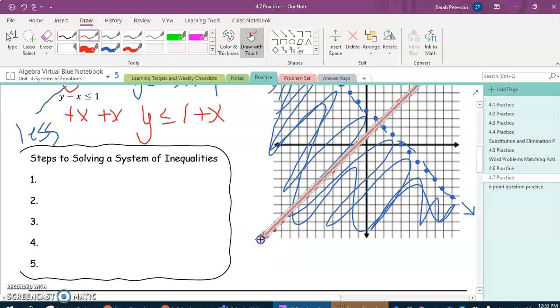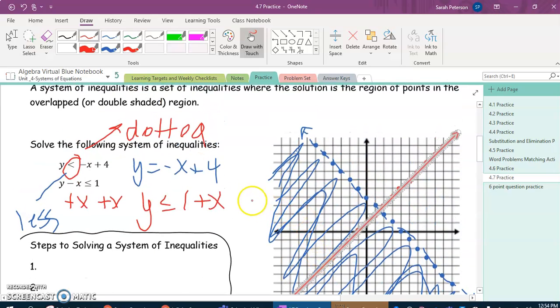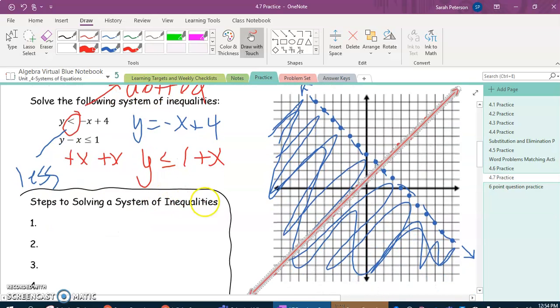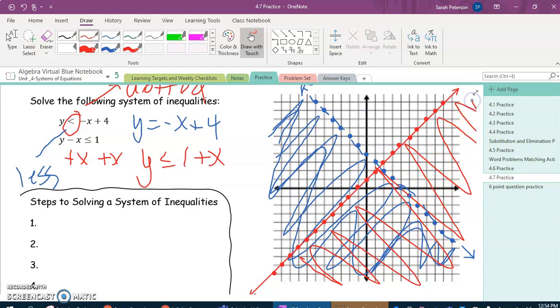Once I have my line graphed like that, this one says y is less than, so again I'm going to shade below. The solution set is where the solution sets intersect. So it's going to be the overlapped region where the red and the blue are.